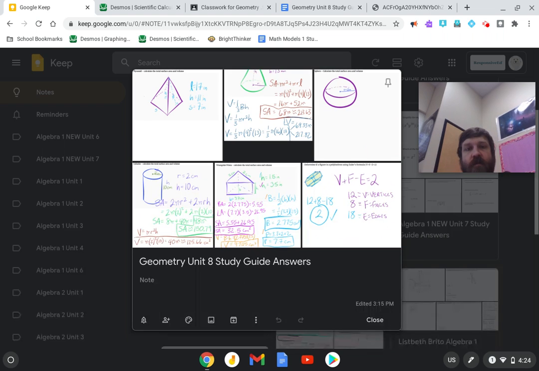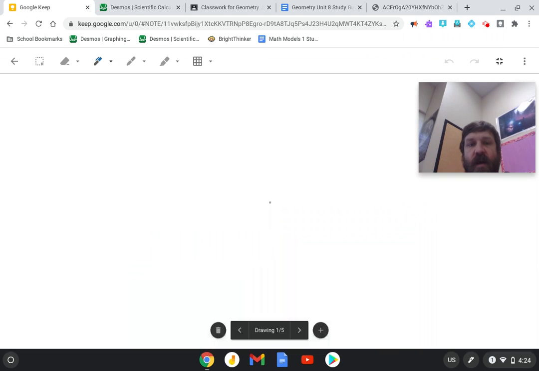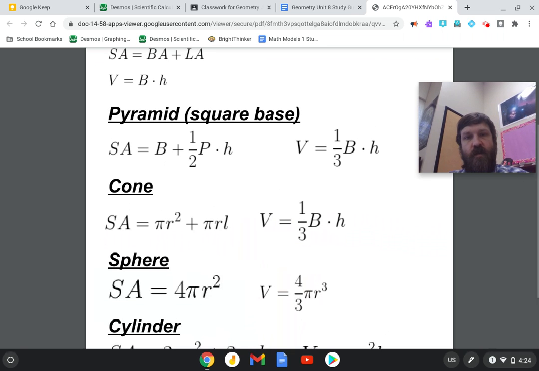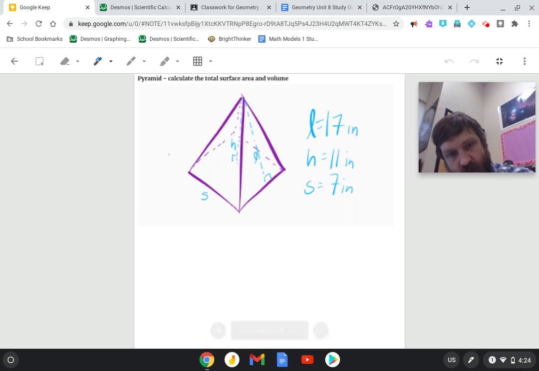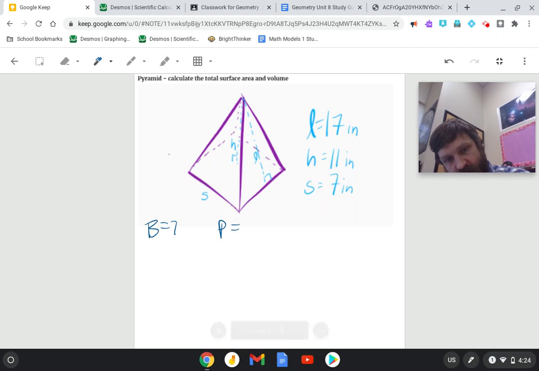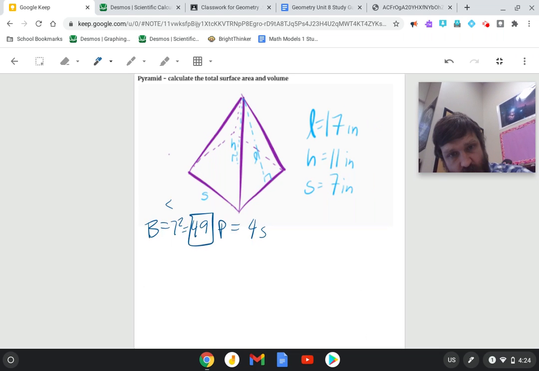Almost there, guys. So let's look at pyramids next. For pyramids, you do the base area plus 1/2 the perimeter times the height. So we need to find the base and the perimeter of this. Since it's a square and the s is 7, it's going to be 7 squared or 49. For the perimeter, it's going to be 4 times s.